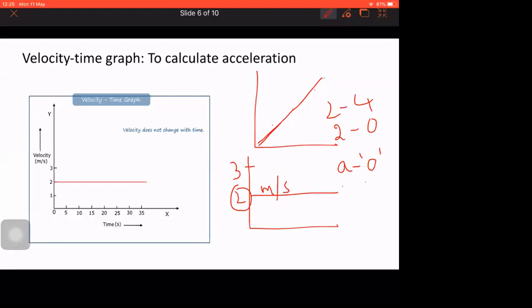Ma'am, so acceleration is not possible in uniform motion. Obviously, Kani, you can make that statement. There is no acceleration for bodies moving in uniform motion. That is the reason I gave one statement very clearly when I started acceleration: acceleration is only possible for bodies moving with non-uniform velocity or non-uniform motion. That is a clear statement.